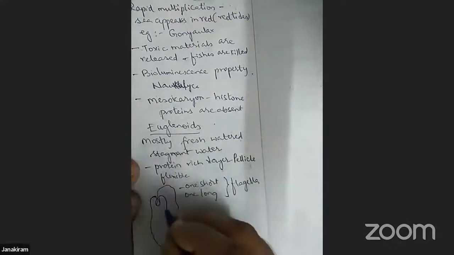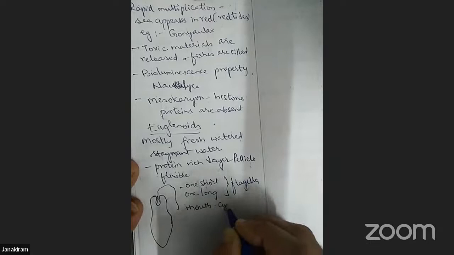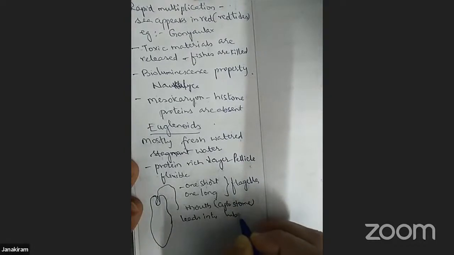Then this Euglena will have a mouth that is called the cytostome on the anterior side, and this mouth leads into some tube-like structure. This is the cytostome and this is a tube-like structure.